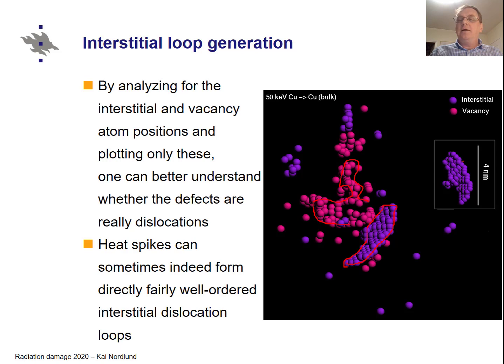So this quite clearly is an interstitial cluster which is surrounded by a dislocation. One might say that it's a sequence of edge dislocations on lines next to each other, although as you see, the structure is somewhat disordered. So it's a dislocation loop, but not a well-ordered dislocation loop.